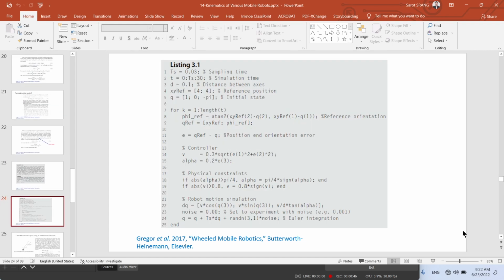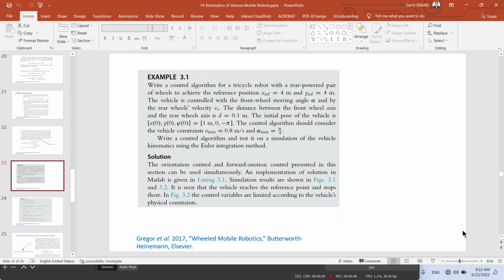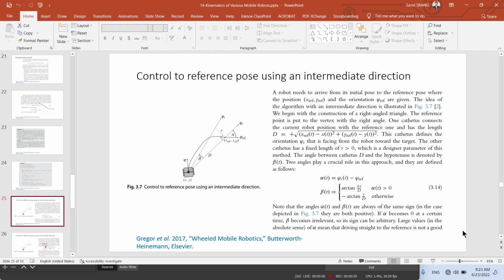I have already shown one example of how you can construct a controller based on the kinematic model. Similarly, for other methods, you are going to learn the way to construct a controller based on the kinematic model.